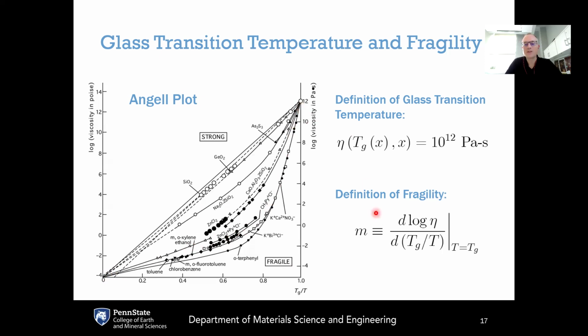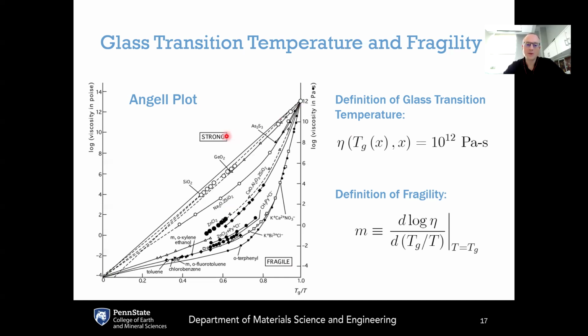And so what this means is that we can take this first derivative property of the fragility index and use that to tell us how much curvature that the viscosity versus temperature relationship will have. So this fragility index here is telling us how steep the slope is, but that's also telling us how great of a departure from Arrhenius scaling we have.